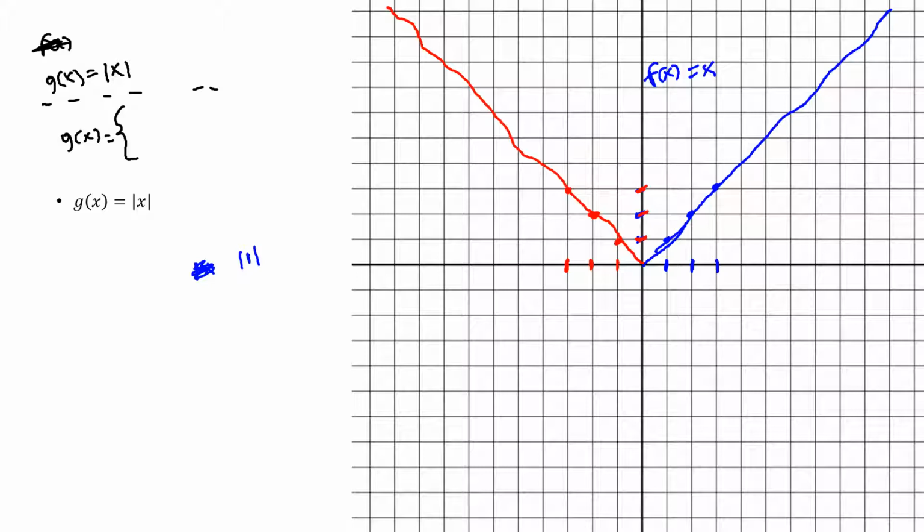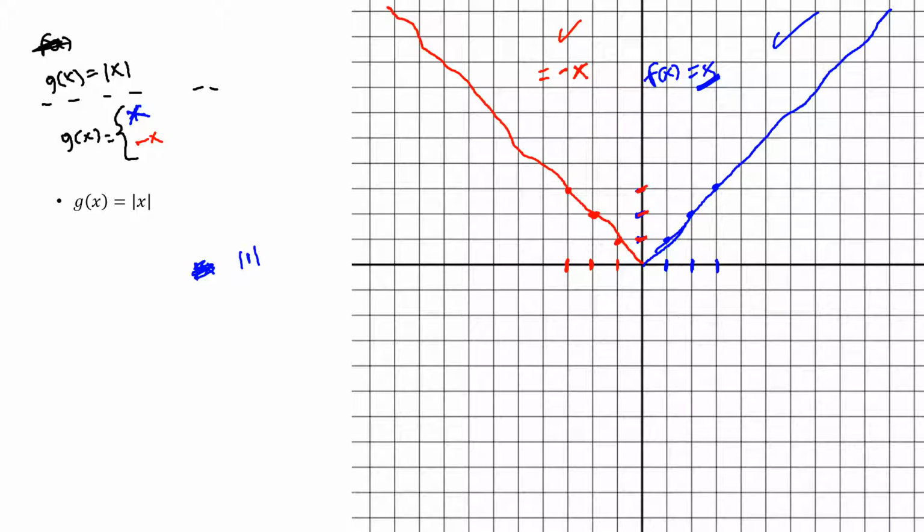If I'm on the right side of the graph, if I'm on this side of the graph, then I'm just going to say x. But if I'm on the left side of the graph over here, then it's the same thing, but just with a negative slope. I'm going to say negative x.